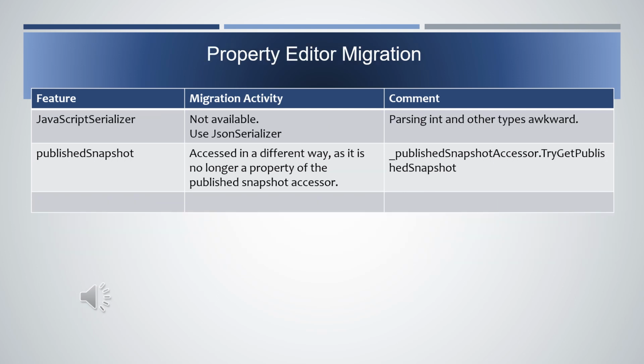Most editors no longer have access to the JavaScript serializer, and they use a JSON serializer, which is slightly more cumbersome to use. The Umbraco content is also accessed in a slightly different way, e.g. the published snapshot is now accessed via a method rather than a property.